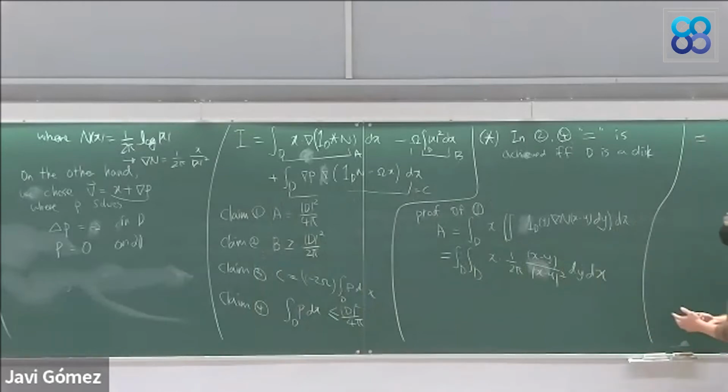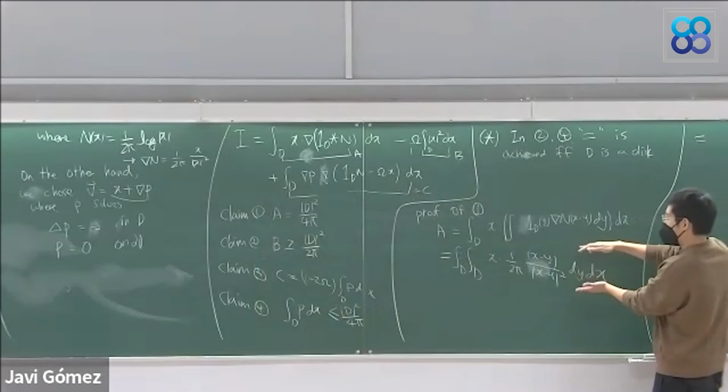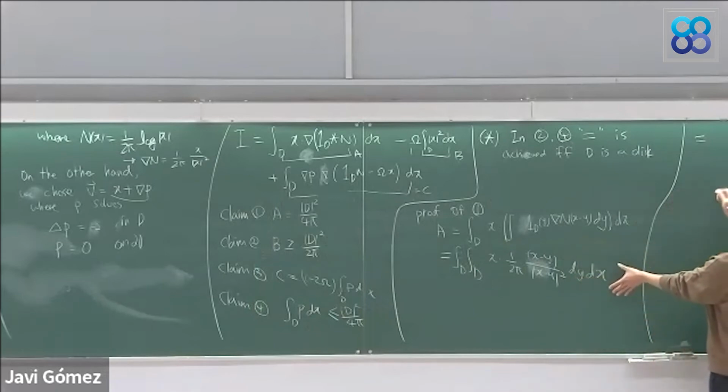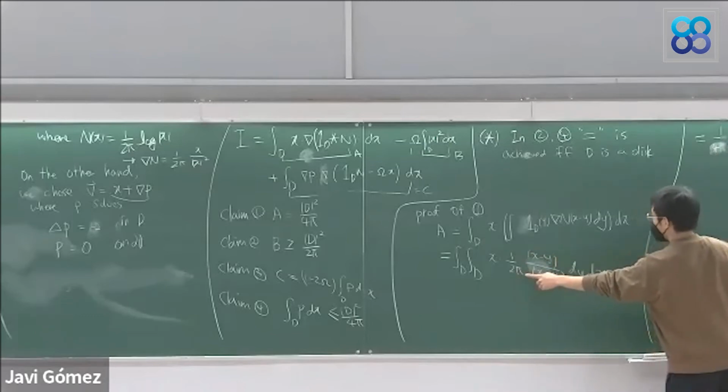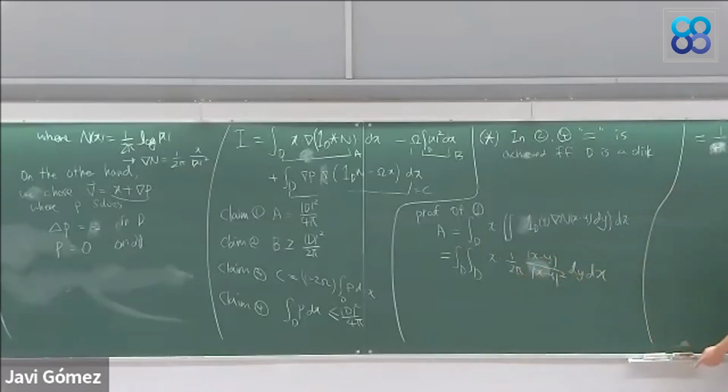And then I'm going to take only half of this quantity. The half of this quantity is going to be 1 over 4 pi instead of 2 pi.